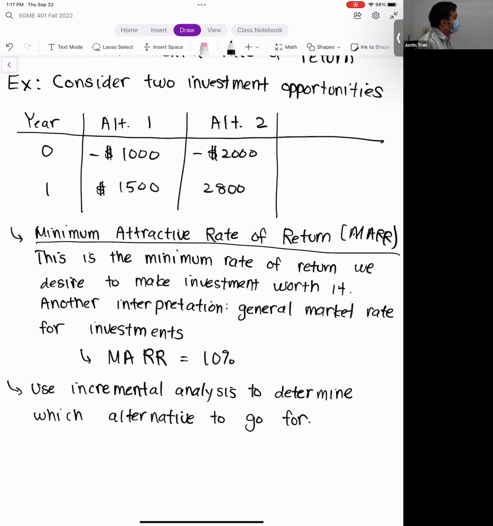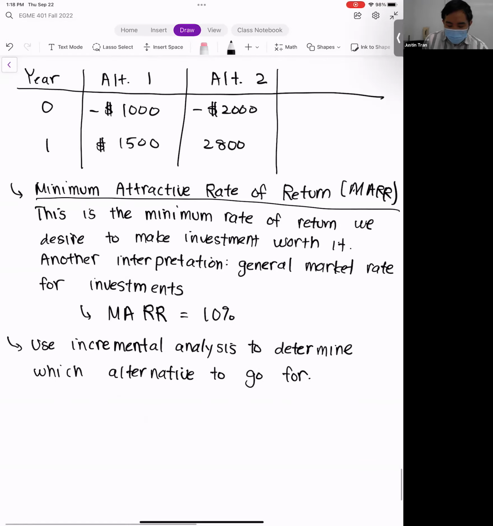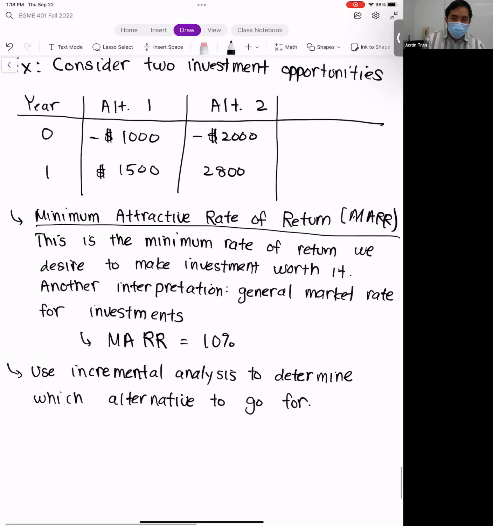Before we begin, I do want to make one important distinction, because I think the results of this example might be a little bit counterintuitive when you first look at it. Just by the fact that we're considering these two alternatives, that means that we have at least $2,000 to spend.